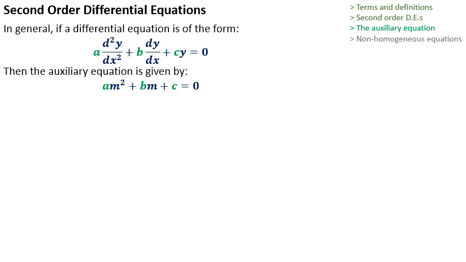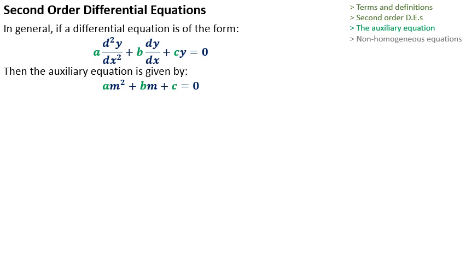So to clarify, we have a second order differential equation with constant coefficients that should look something like this. And the auxiliary equation looks very, very similar. The second, first, and zeroth derivatives of y are essentially swapped out for the second, first, and zeroth powers of some variable like m.